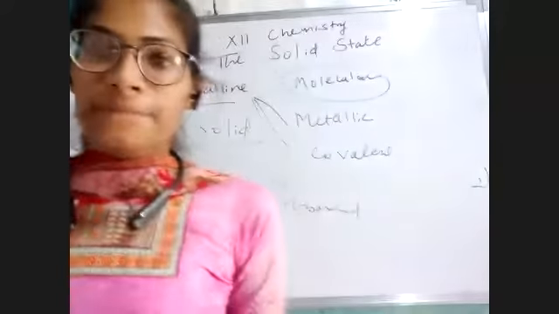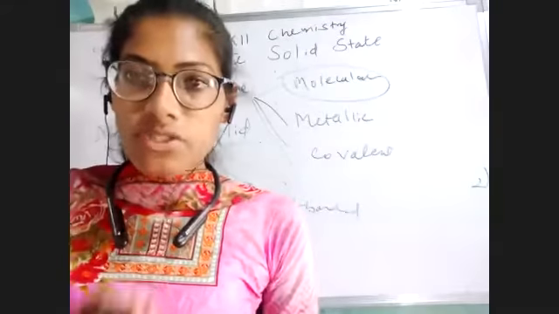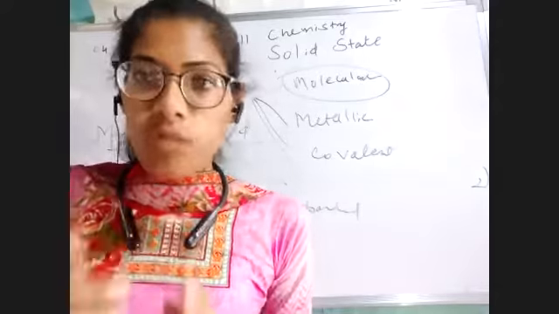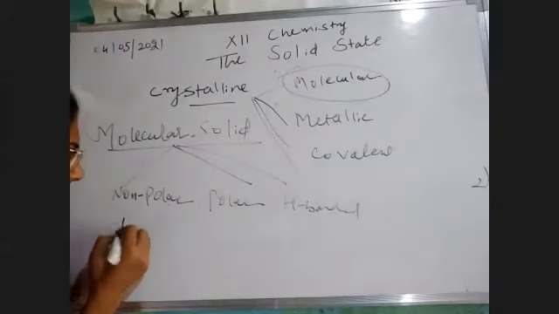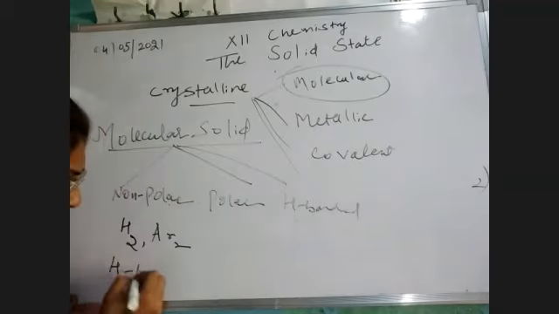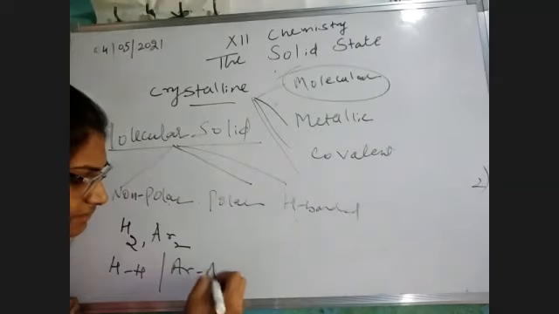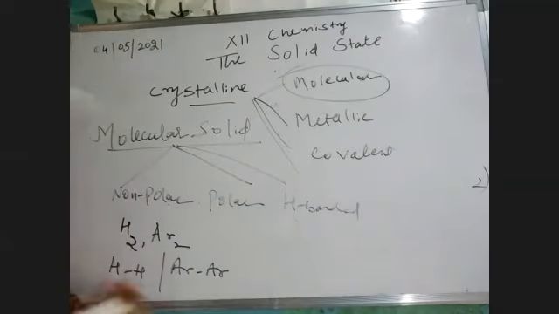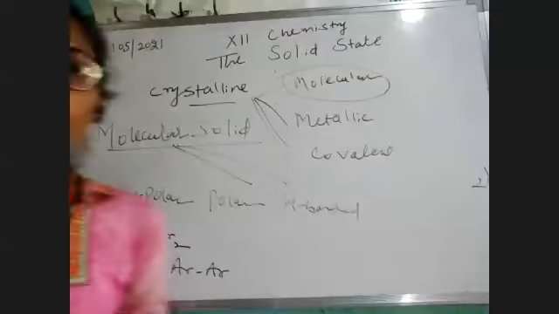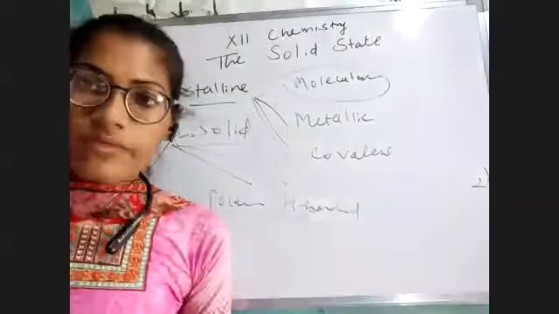Non-polar means the constituent molecules are non-polar in nature, for example H2 and argon, Ar. You can say they seem to be gaseous in nature, like argon, but when we solidify them, when we freeze them, they form solids.